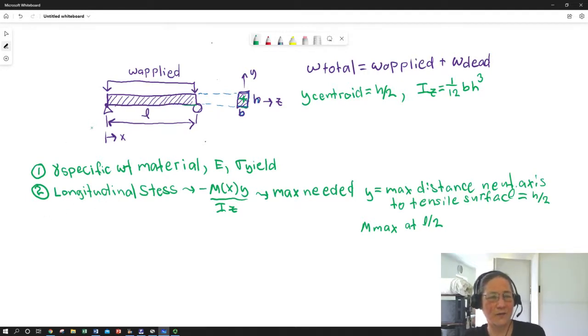In fact, we'll call it W total: the load per unit length times the beam length, the entire load, divided by 2 at each support.